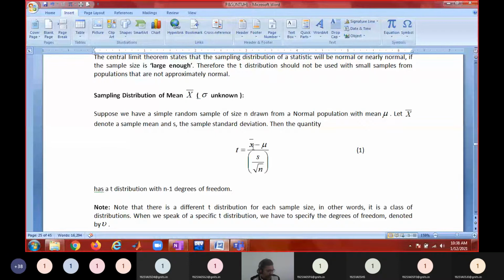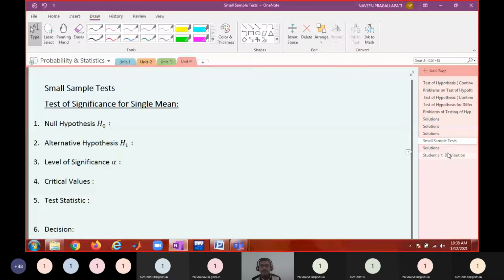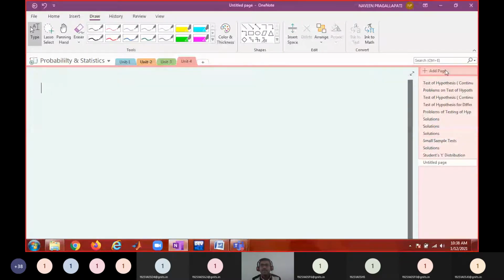I said in the last class, what do you mean by unbiased estimator? If the expectation of some statistic is equal to the corresponding population parameter, let us say the parameter p, then we say it is an unbiased estimator.